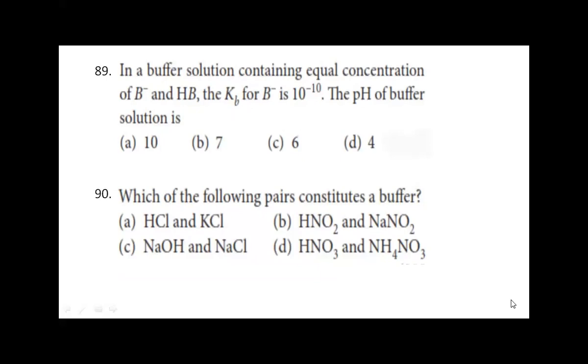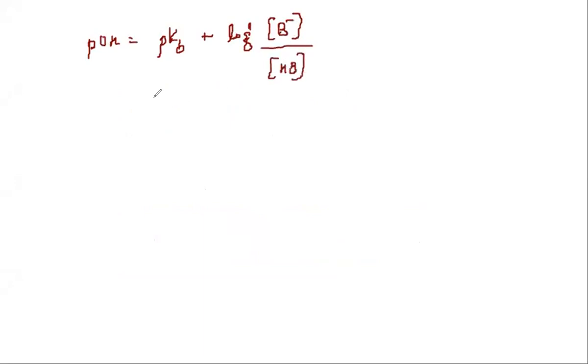Just now we have seen that pOH is equal to pKb plus log of the concentration of salt, that is B minus, upon the concentration of base. And they have already given that B minus is equal to HB. Therefore, this is the same, so it is log 1.